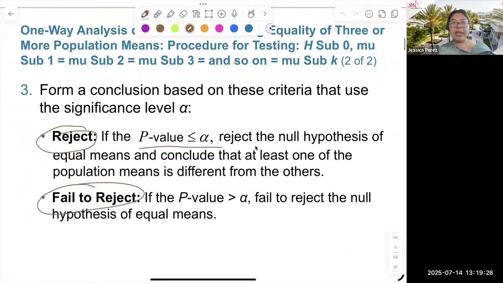We are going to be forming a conclusion based on the criteria that we've used in the past. If the p-value is less than or equal to alpha, we are going to reject the null that all of the means are equal.